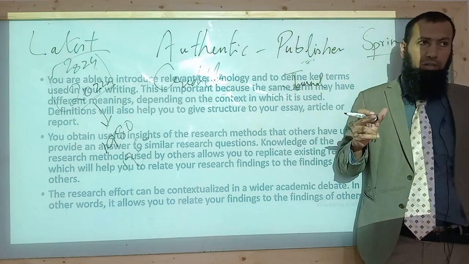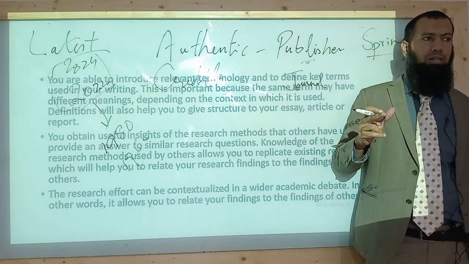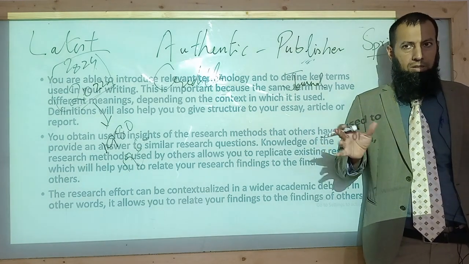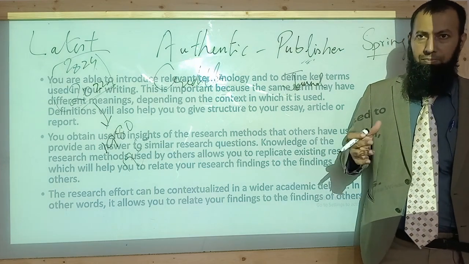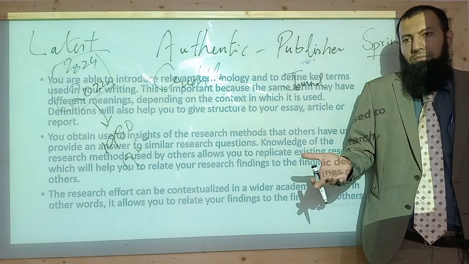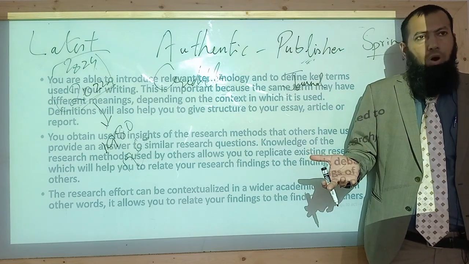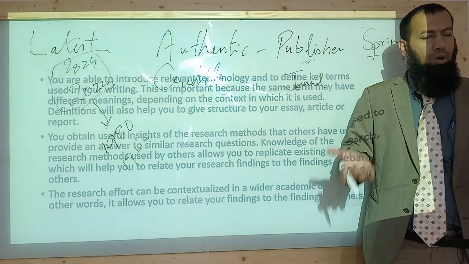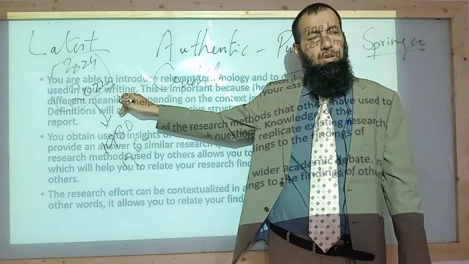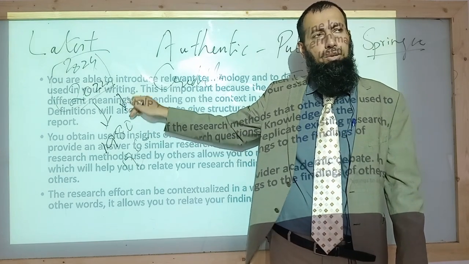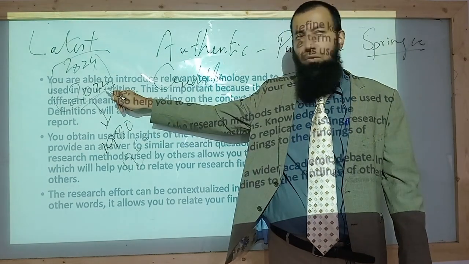If you refer to old articles, that has no worth. Why? Because the same concept can be refuted, can be rejected, or the problem already solved. So you do not go before 2022.